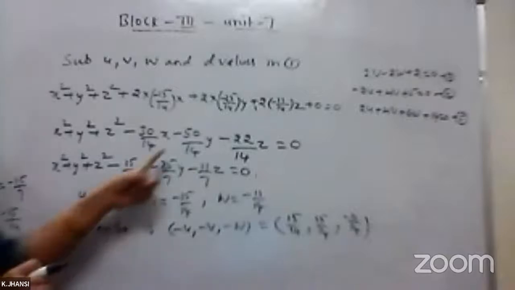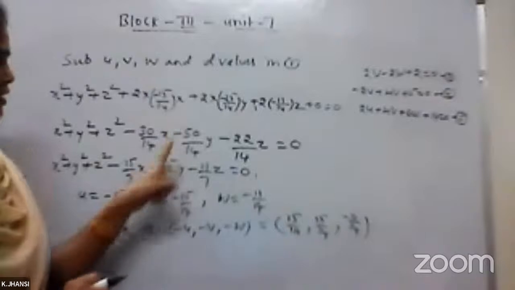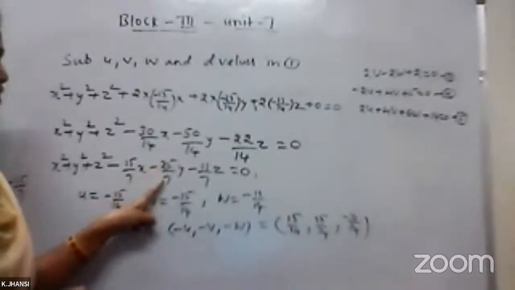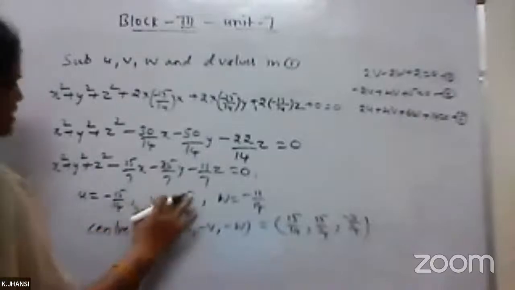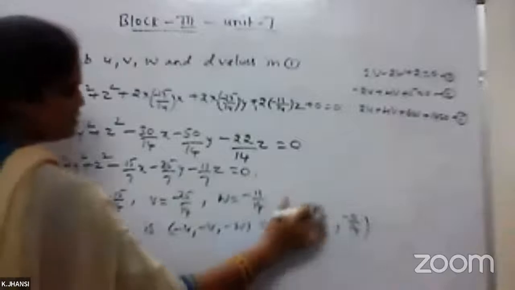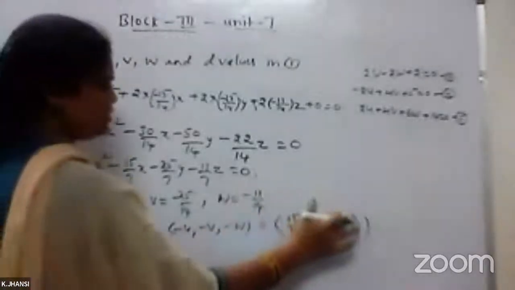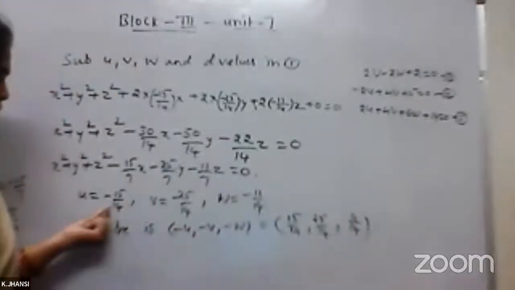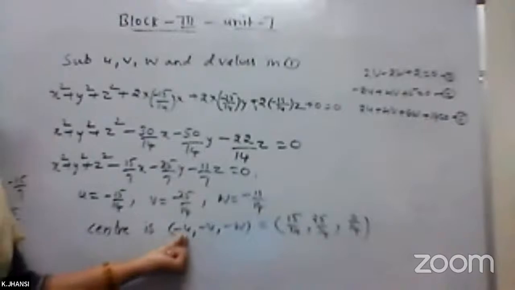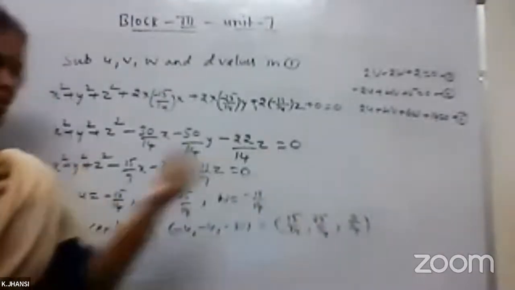So v is minus 25 by 14; correct this one, it is 25 by 14. The u values are negative, but when you take the center, it is minus u, minus v, minus w, so you get the positive values here.